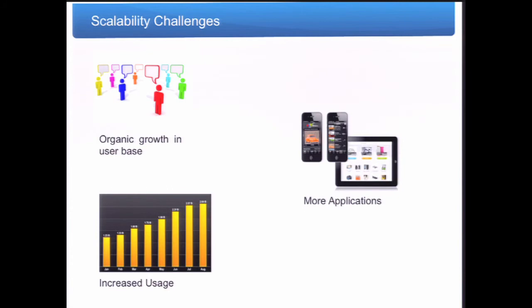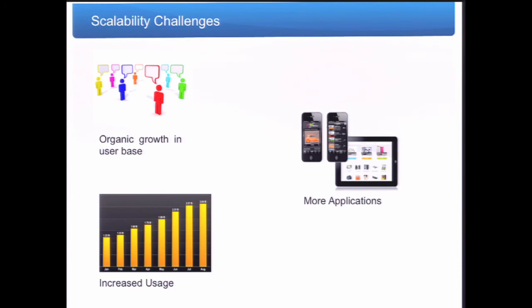So scalability challenges. Over a period of time, we have seen a pretty strong organic growth in the user base, and mobile has added to this a lot, which is more applications. So far eBay applications have been downloaded, like there was news in the press recently, 100 million downloads have happened for the eBay application, the mobile native apps, which is again a lot of users who are not eBay users.